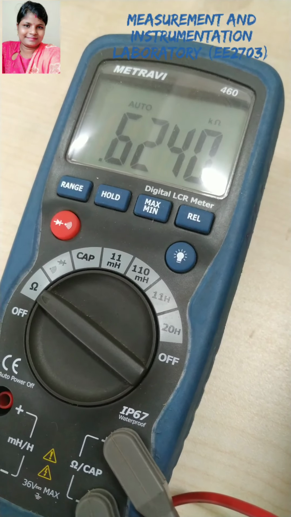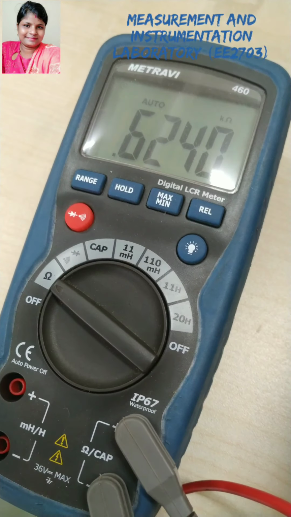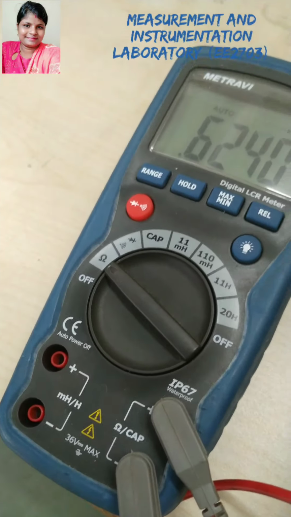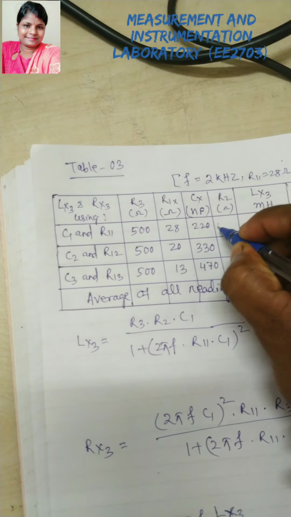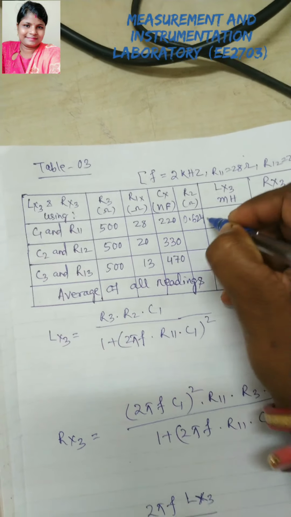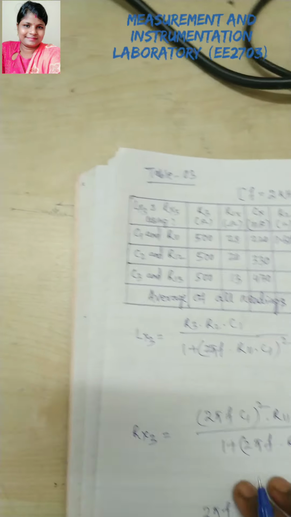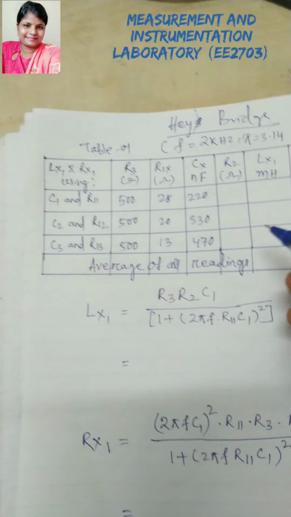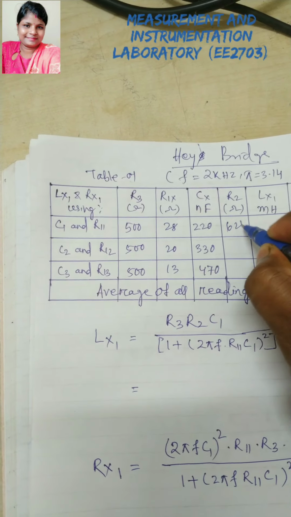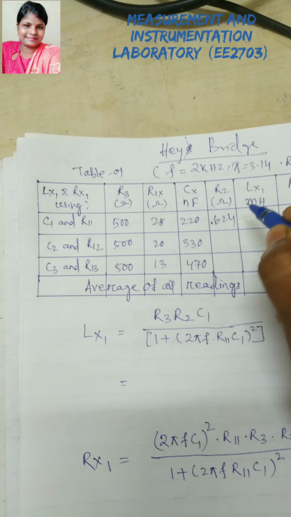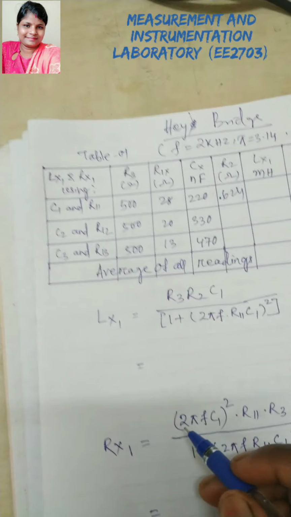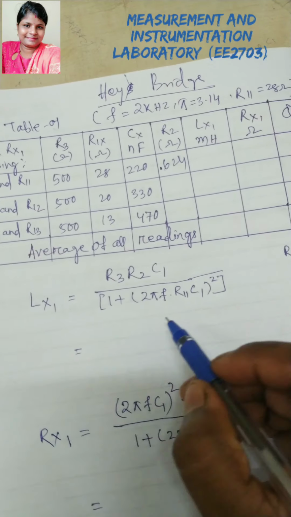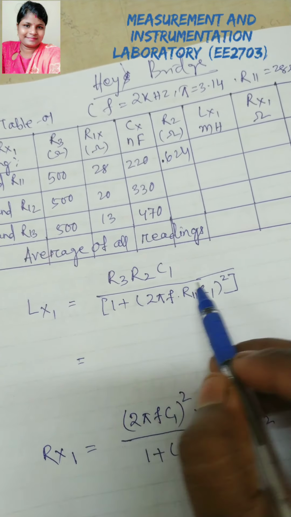Value of R2 is 0.624. So the value of R2 is 0.624 kilo ohm. Note it in the table.